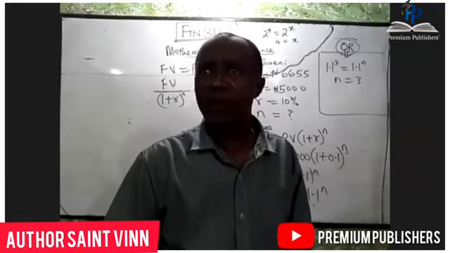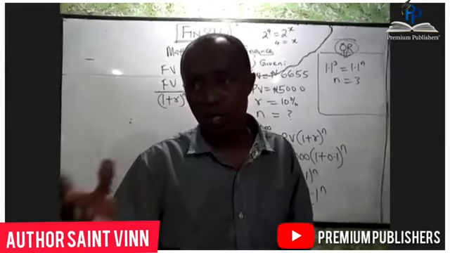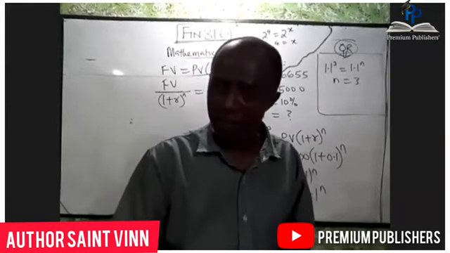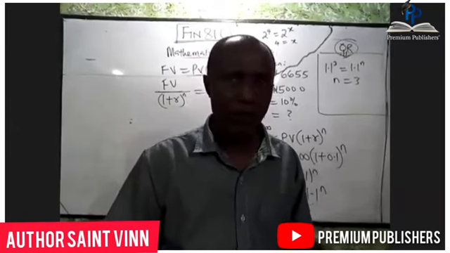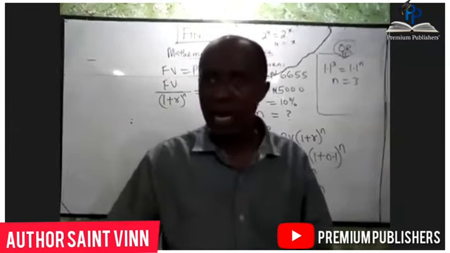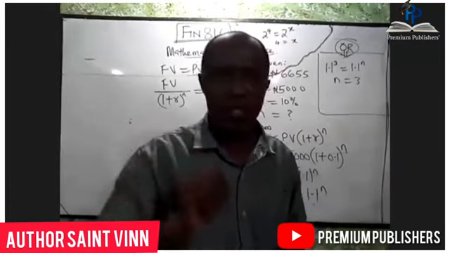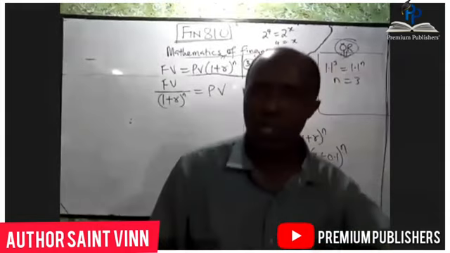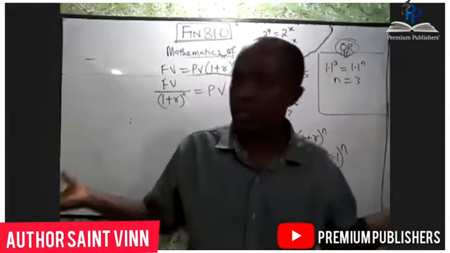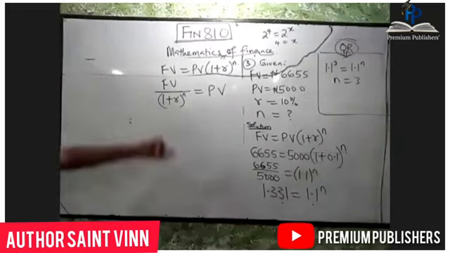Finance is all about the study of how to raise money and invest it wisely. You cannot invest wisely if you have not done some analysis and know this one will not pay us. This project is not viable, we should not put our money there. This one is viable, we should put our money there. Those are the decisions you need to take, and that can only help you when you put mathematics on that.